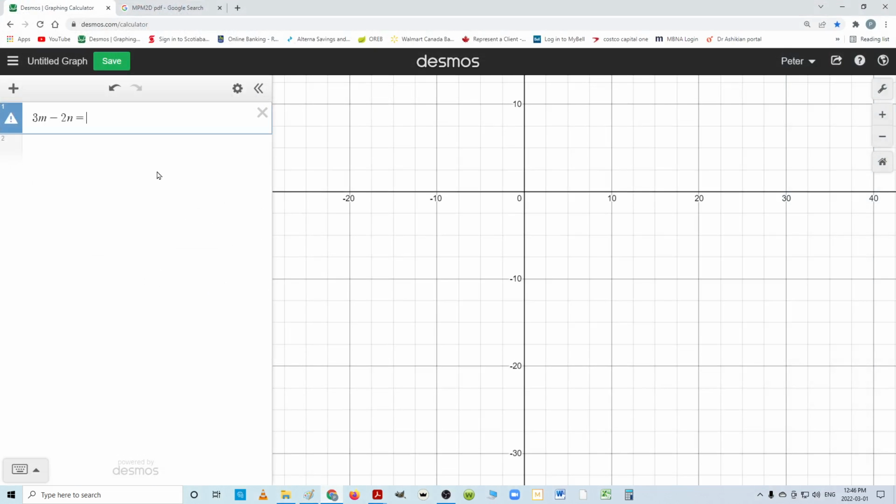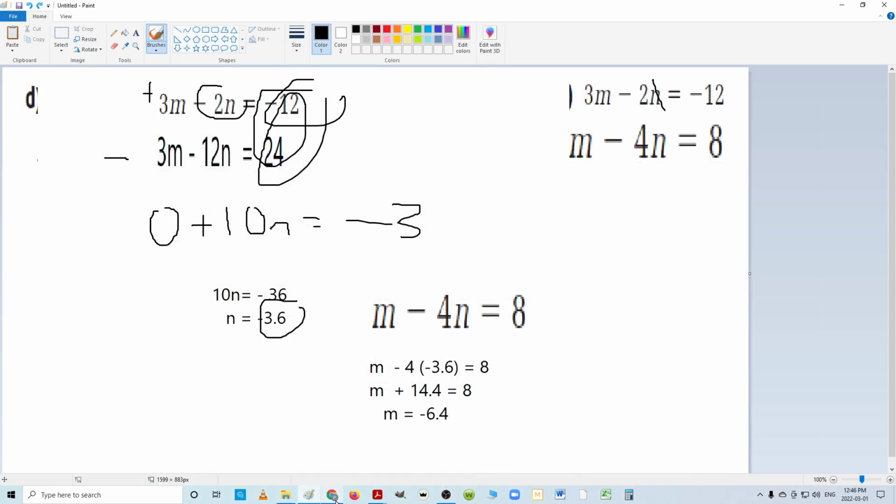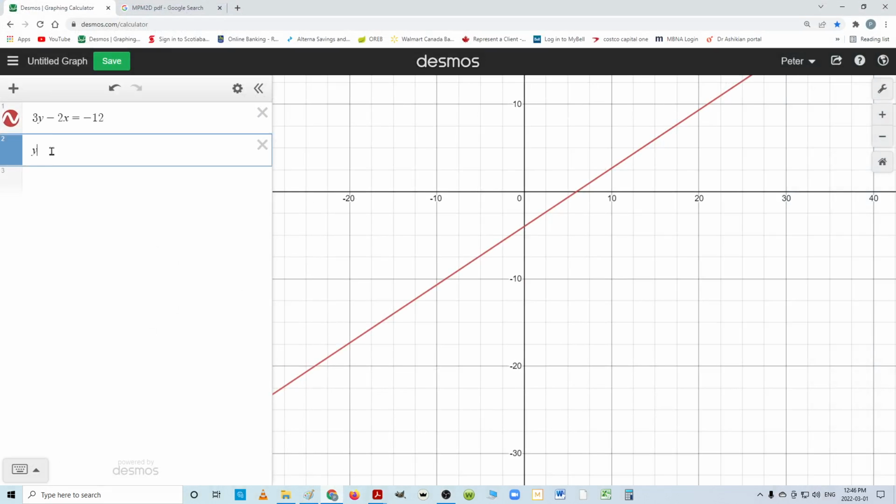Minus 12. Now, we're going to make n x and m y, because it doesn't recognize them. And then just make sure you make the same thing, so it's going to be y minus 4x is equal to 8. I think it was 8.